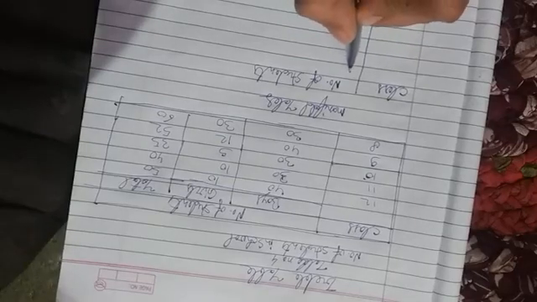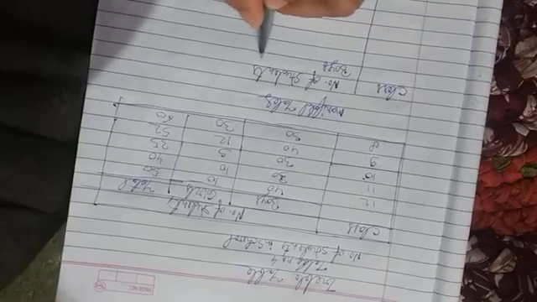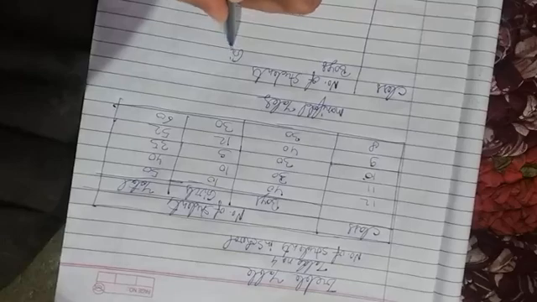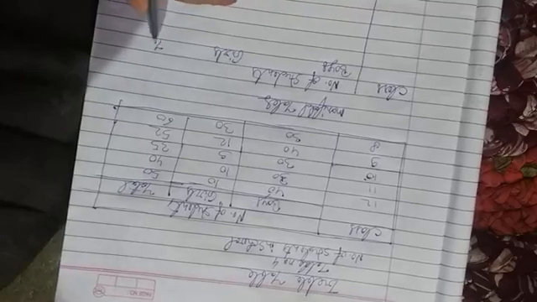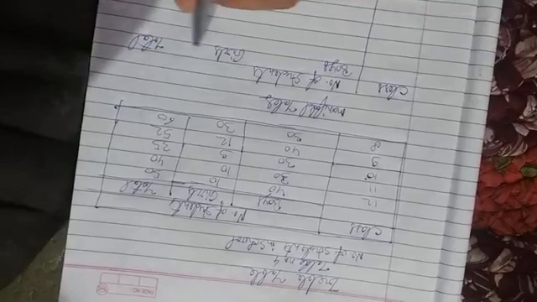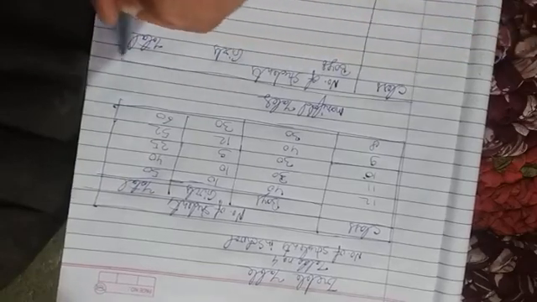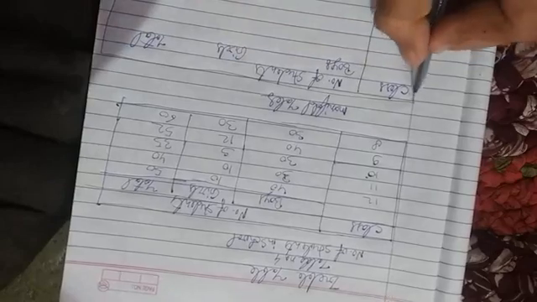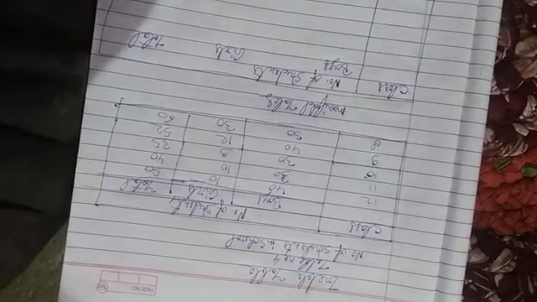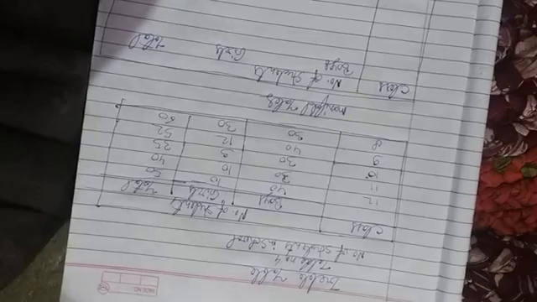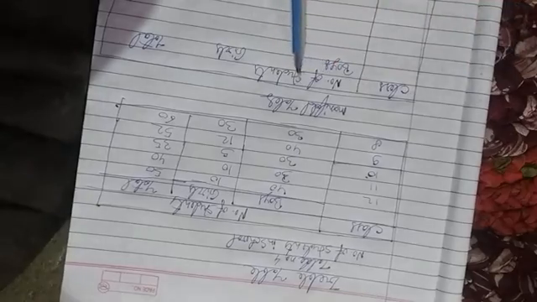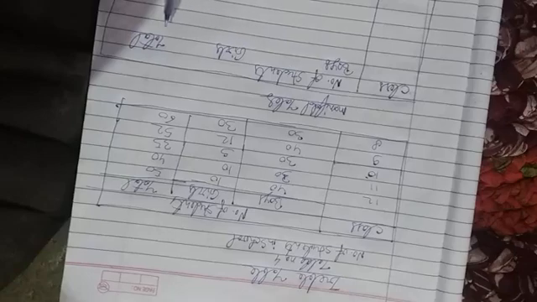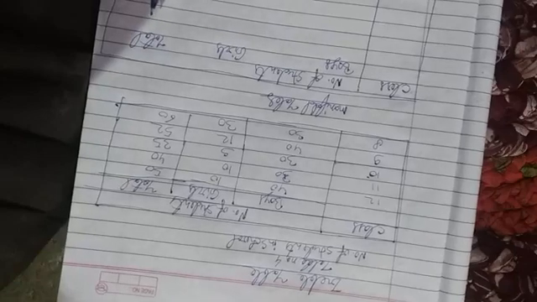Now we divide these into boys, girls and total. Now see how things change. When we keep it as class and number of students, it is a simple table. When we introduce boys and girls, it becomes a double table. When we introduce the new column of total, it becomes a triple table.